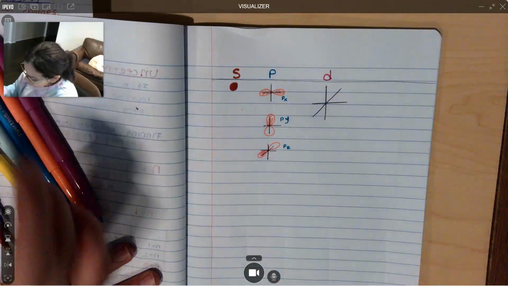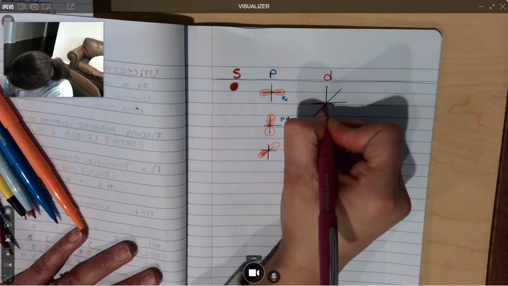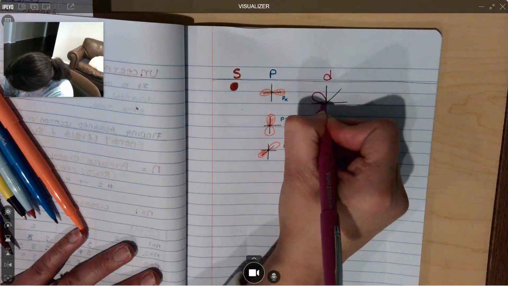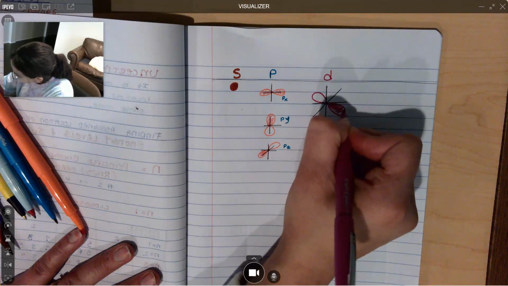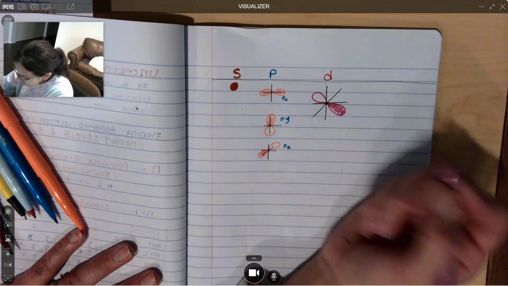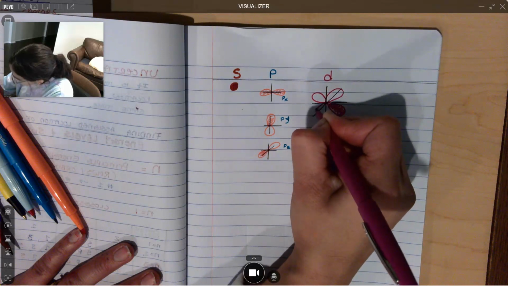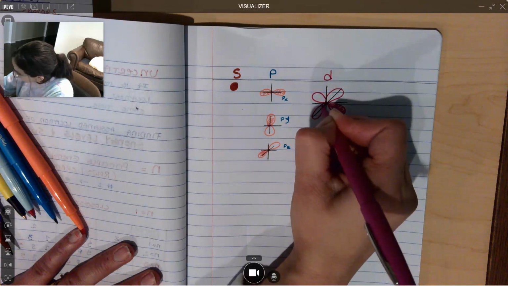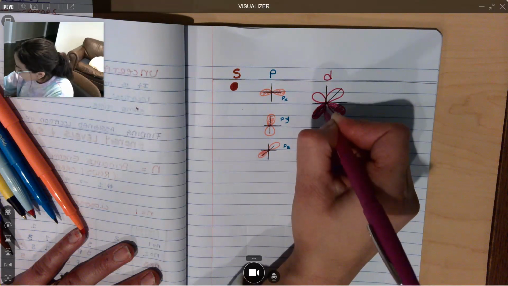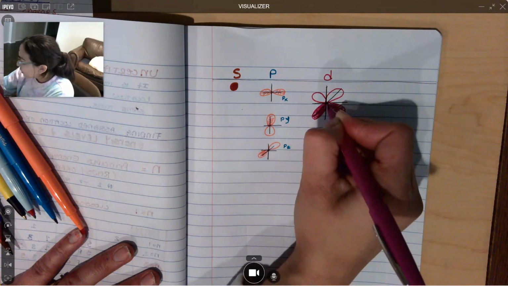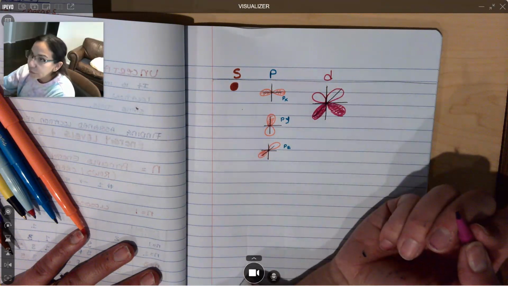So I'm going to draw one to represent them all. In this case, we're going to have an orbital going like this, and we're going to have another orbital coming out like this. Remember, I'm only shading one side for aesthetic reasons so that we could see these a little bit better.